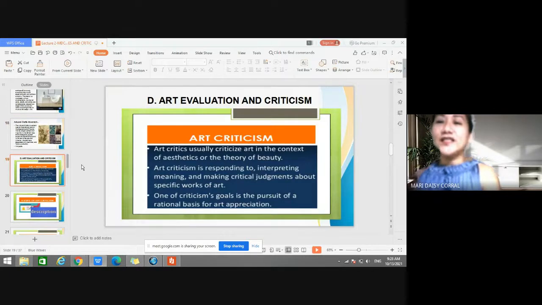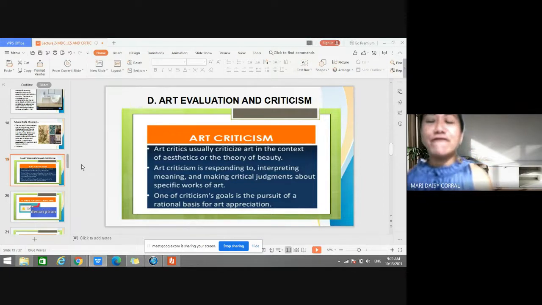Okay. So now, after having all of those styles of art, which I will be requesting everyone to look into more, to have a broader perspective of these different styles in art, we will be moving to the fourth and last part of this lecture, which is art evaluation and criticism.